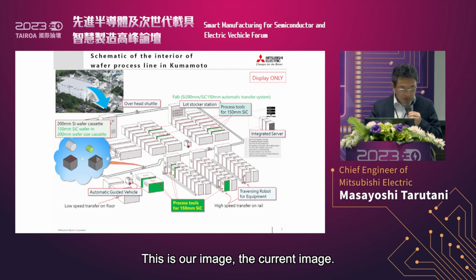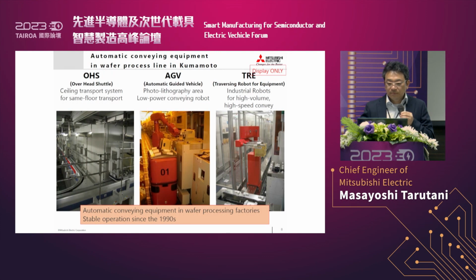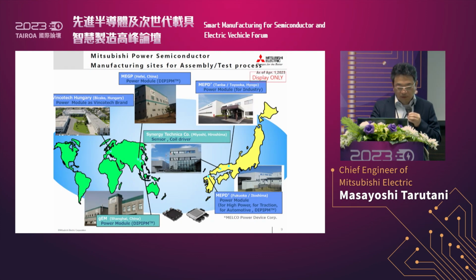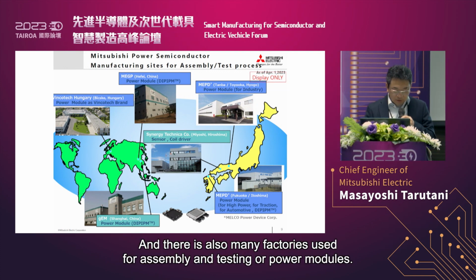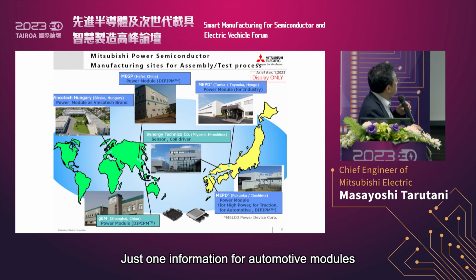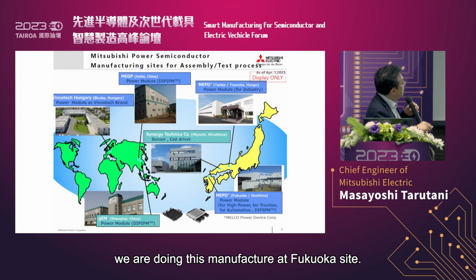This is our current image. There are also many factories used for assembly and testing of power modules, and for automotive modules, we do the manufacturing at the Fukuoka site.